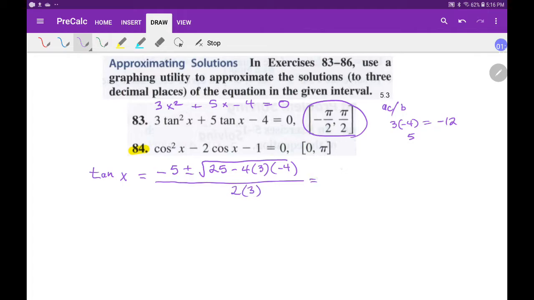Okay, so let's see what we have here. We have minus 5 plus or minus the square root of 25, take away 48. No, not take away, plus 48, over 6.